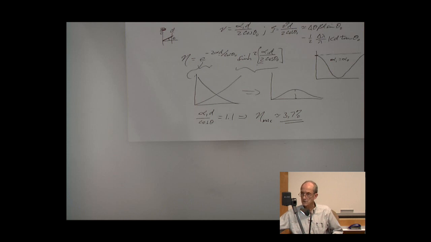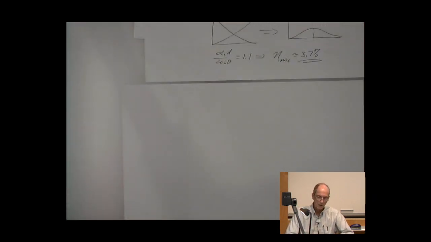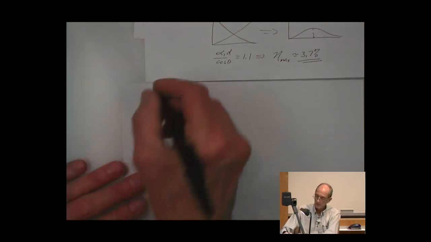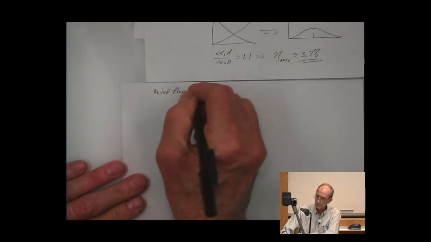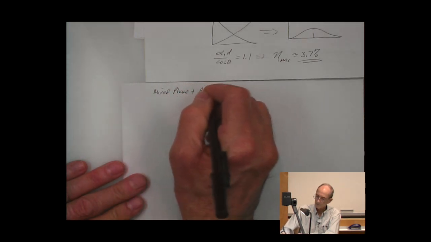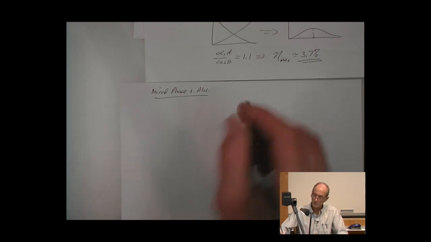Okay, so we can have kind of a mixture as well. So we could have a mixed phase and absorption grating. All right, and so in this case, this will occur both in silver halide and also in some photopolymers.